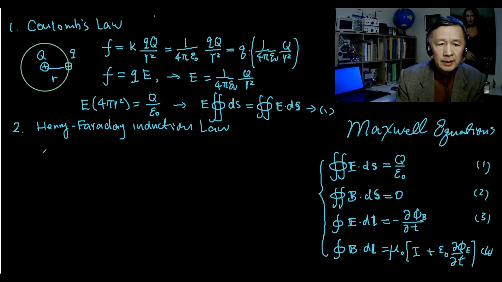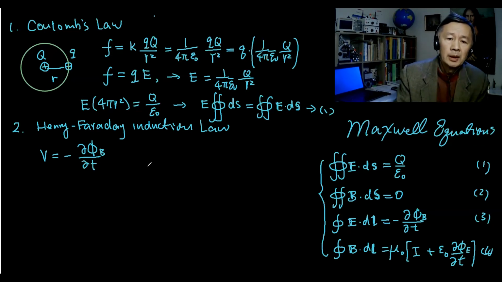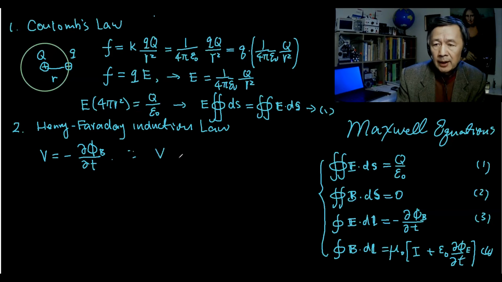In other words, a voltage can be generated if you have a change of the magnetic field flux. That is Faraday's law, or Henry-Faraday's law. Now, we know that voltage has a connection with work done.